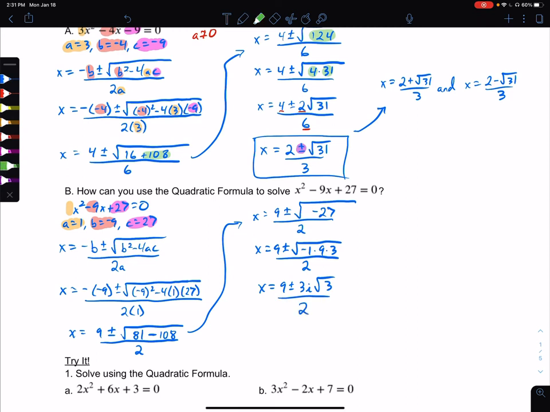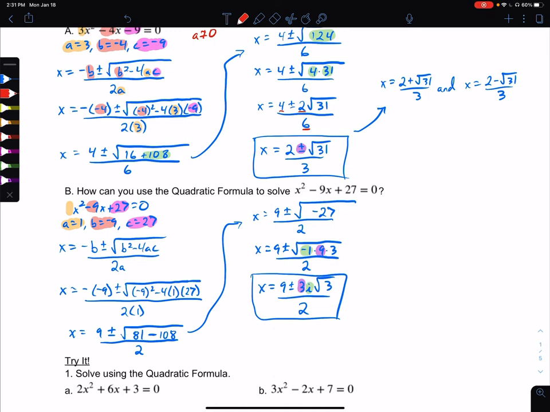Now that negative 1 came outside as an i, and that 9 came outside as a 3. The other 3 remained inside because we can't take the square root of 3. Can't reduce this one, the 9, the 3, and the 2 do not have anything in common, so we'll leave that as is. And then same as before, we can write that as one group.